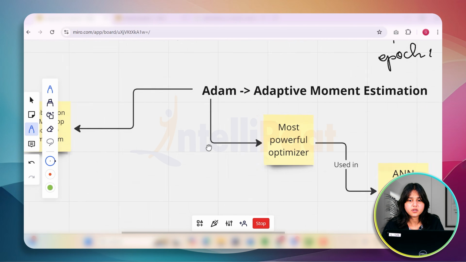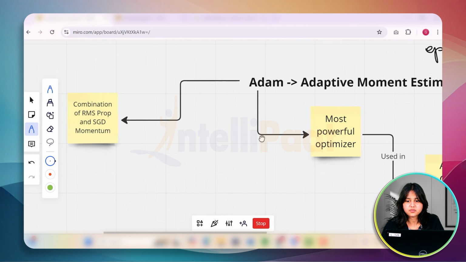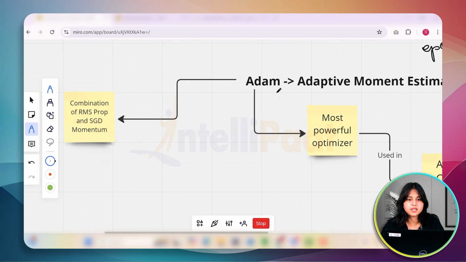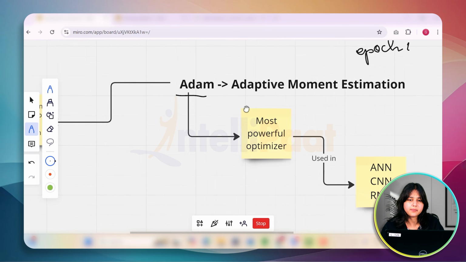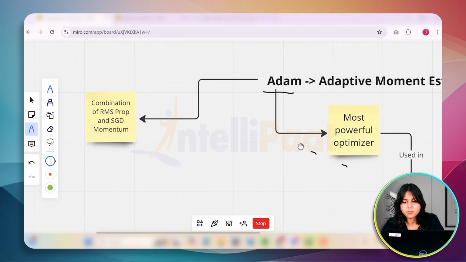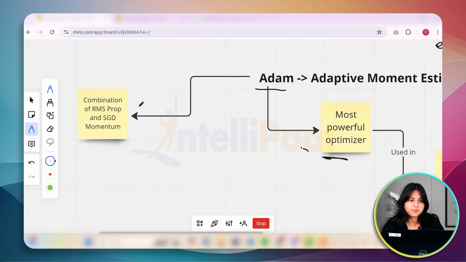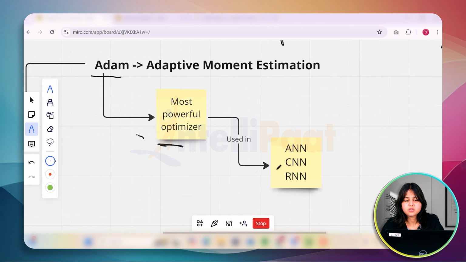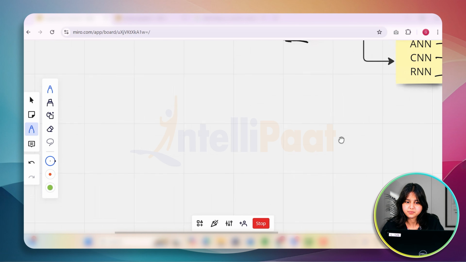Now let's go ahead and look at the last optimizer for this video, which is adaptive moment estimation, Adam. It is the most powerful optimizer in PyTorch. It is the combination of RMSProp and SGD momentum, right? It is used in models like ANN, CNN and RNN.